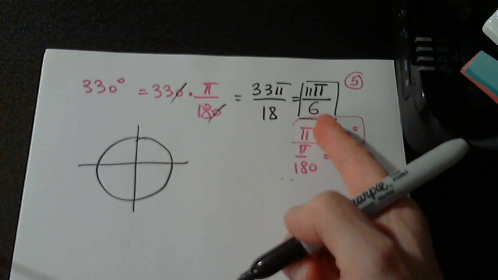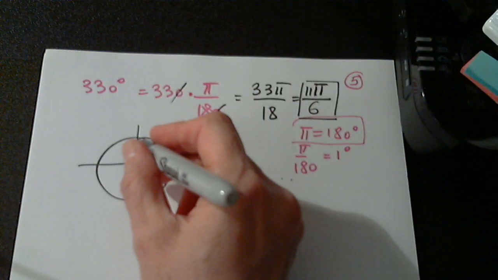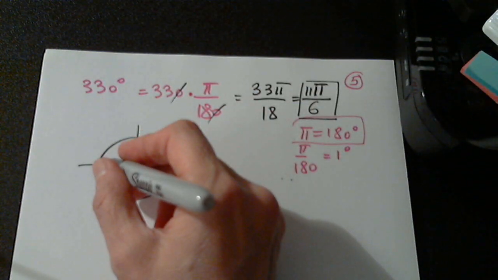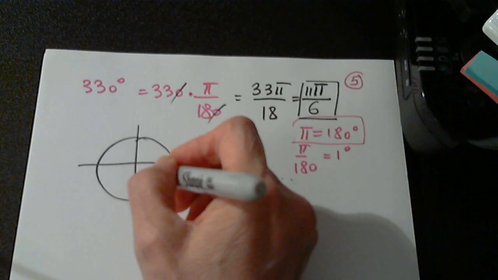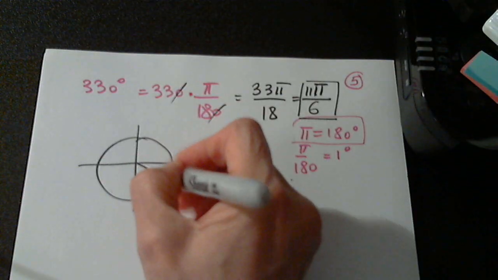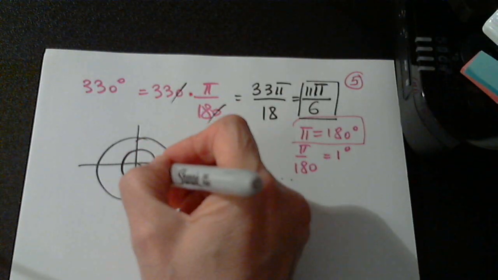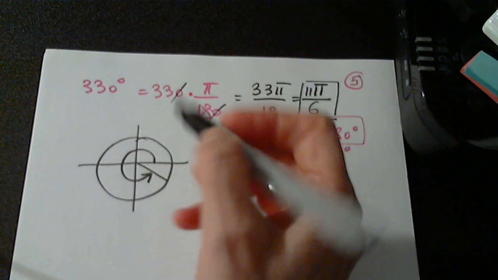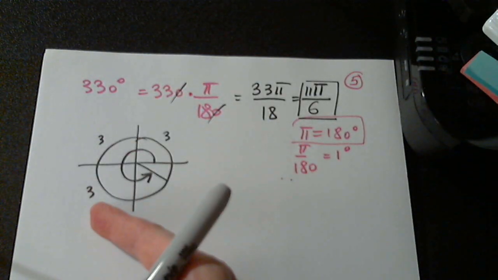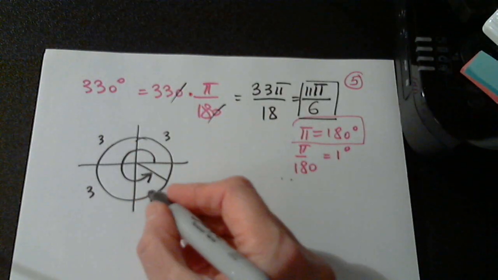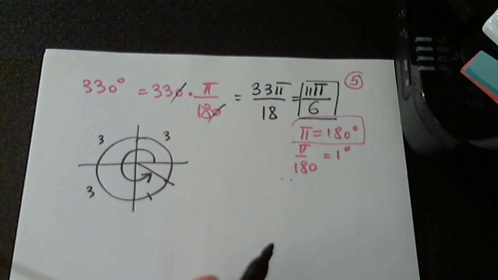11 pi over 6. 3 more, 6, 3 more, 9, 10, 11. It's 11, 3 are here, 3 are here, 3 are here. This is 9. I need 2 more. I need a 30 and another 30.